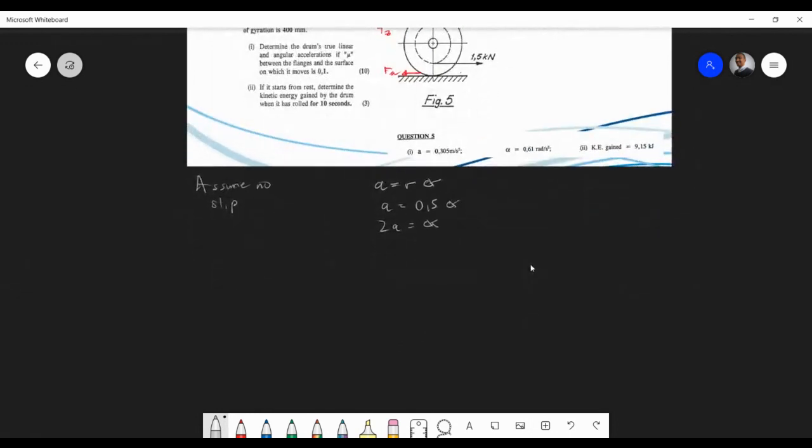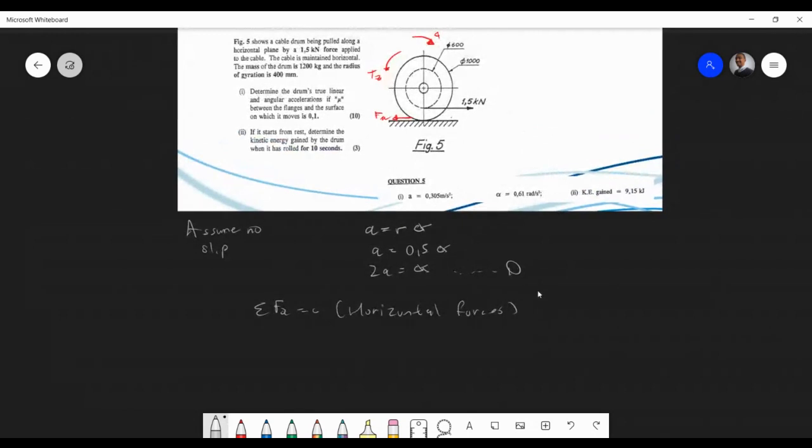What's the next step? Like I said, horizontal forces. Sum of Fx equals 0. Give me the horizontal forces on this thing. Now, I want it in equation form. What are the horizontal forces?